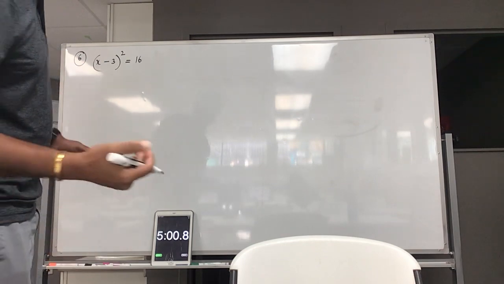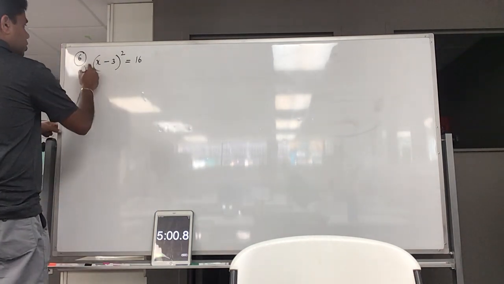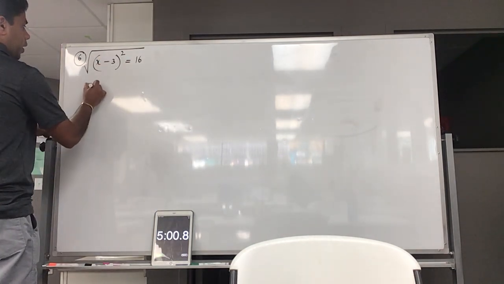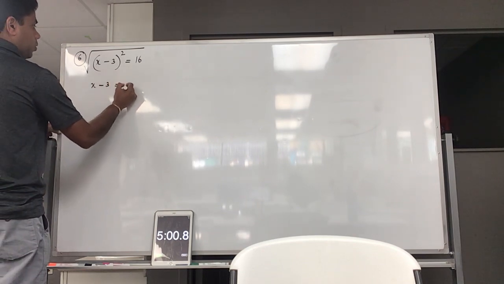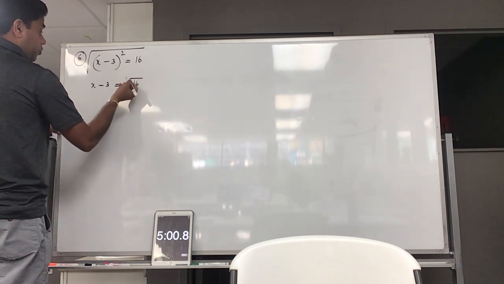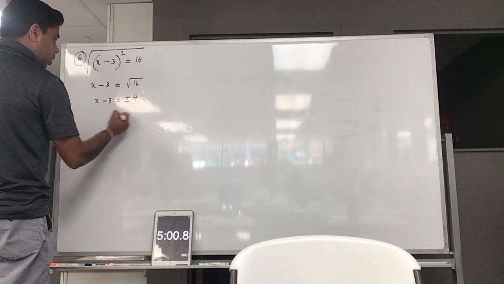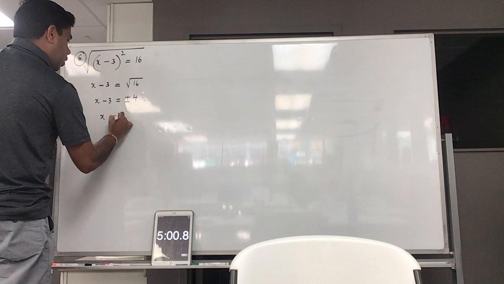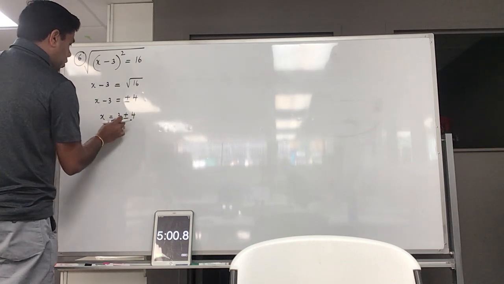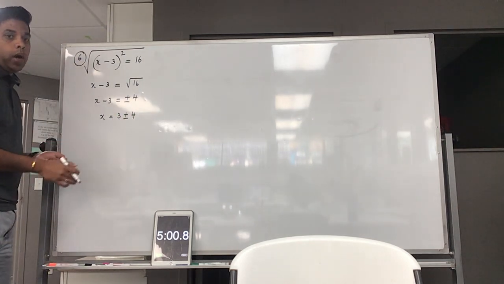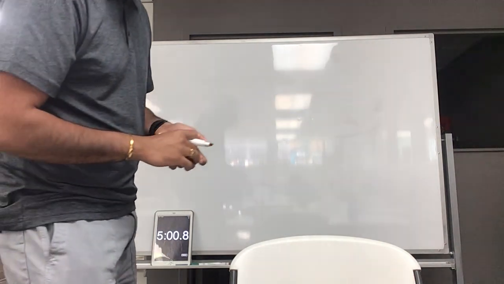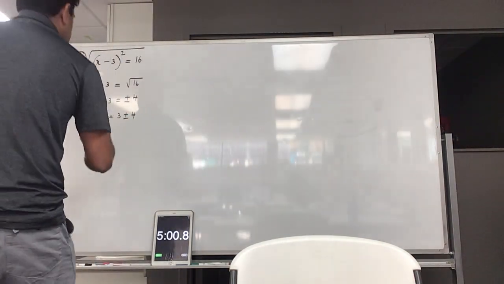Which are the following values? The first step is to square root both sides. So x minus 3 is equal to the square root of 16, which is 4. But you want to be careful, it can be plus or minus 4. So x is equal to 3 plus or minus 4. So it can be 7 or negative 1.